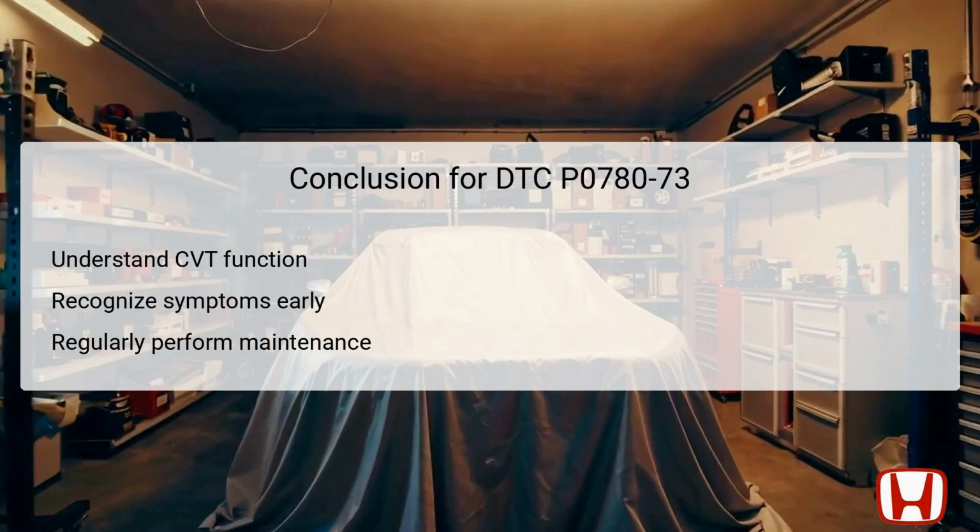Following a systematic troubleshooting approach is essential for accurate diagnosis, identifying issues relating to the CVT drive pulley pressure control solenoid valve. Regular maintenance and checks can mitigate problems before they escalate, ensuring reliability and longevity for the vehicle. Overall, informed and attentive care of the transmission system leads to a smoother driving experience and enhances vehicle performance.